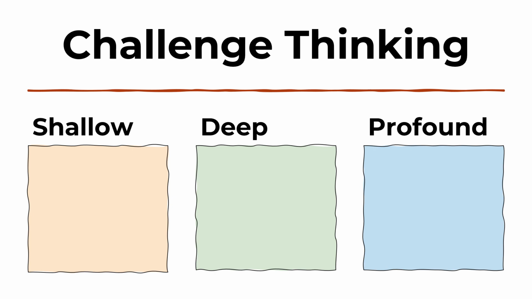So just to break down the model in terms of how we might challenge thinking, shallow thought processes are very much about temporary learning. This could be an activity that is just designed to engage a student, but the learning as an outcome isn't the main focus.